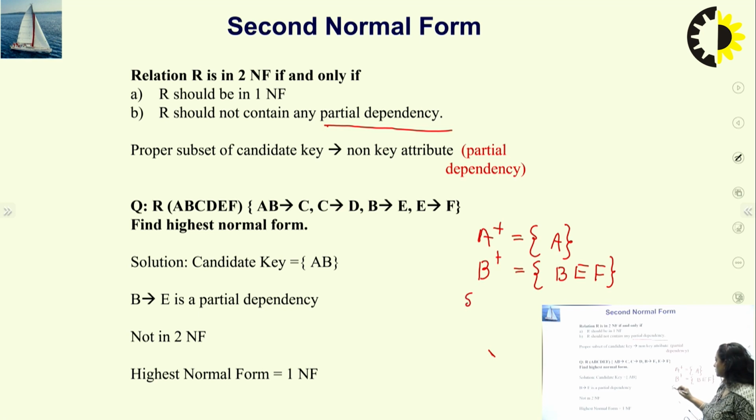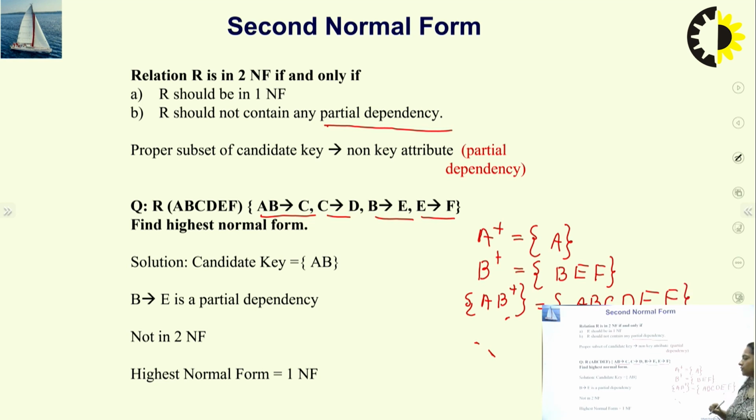If I try the closure of AB, AB can derive C, C can derive D, and B I have already covered, so B can derive E, now E can derive F. So if I check, all the attributes A, B, C, D, E, F are covered using the closure set of AB.